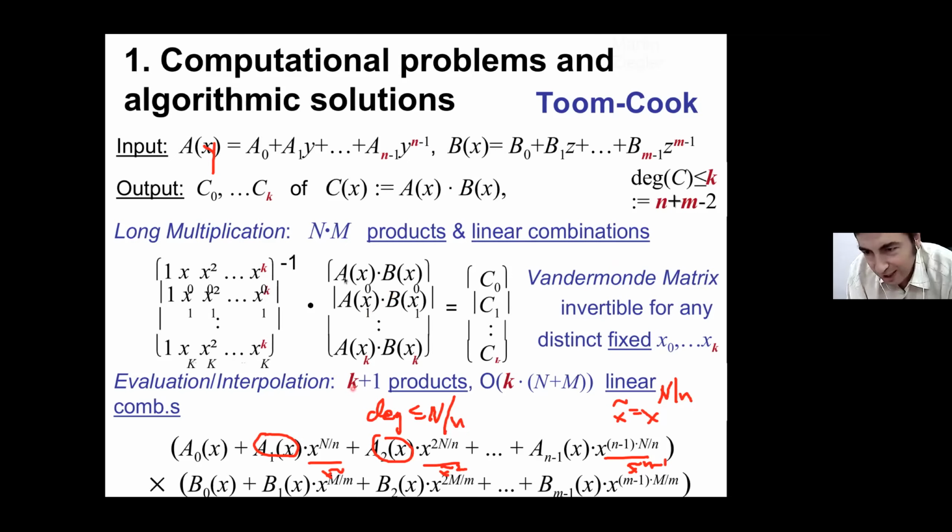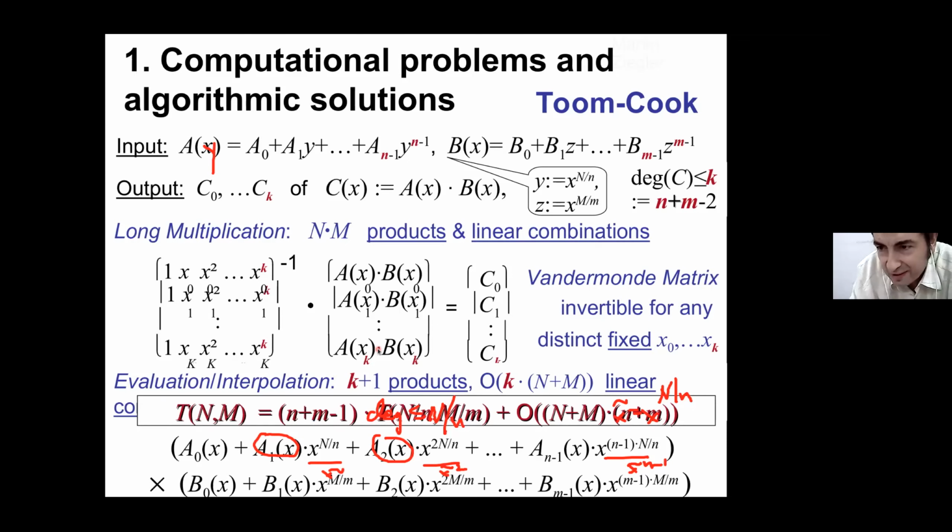You take linear combinations, then multiply, and then multiply with the inverse of this Vandermonde matrix, which you calculate in advance.